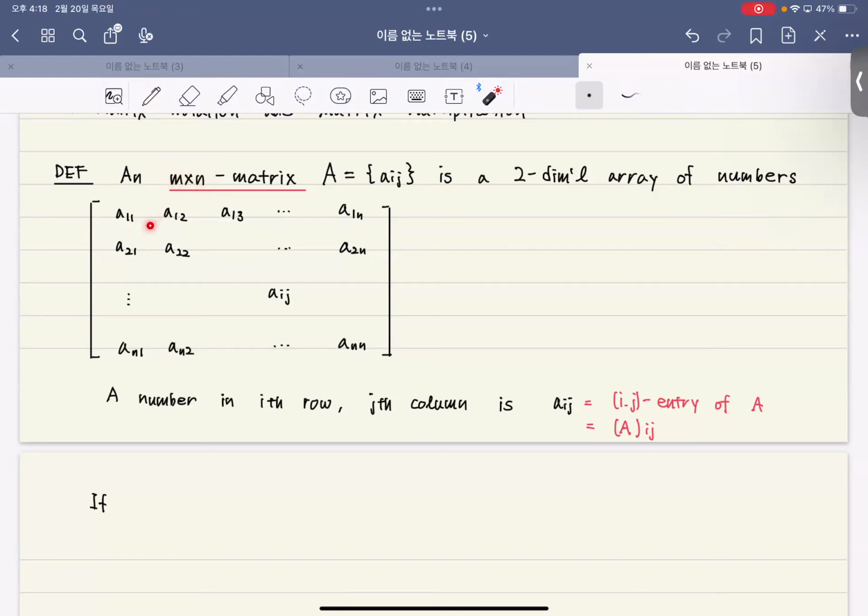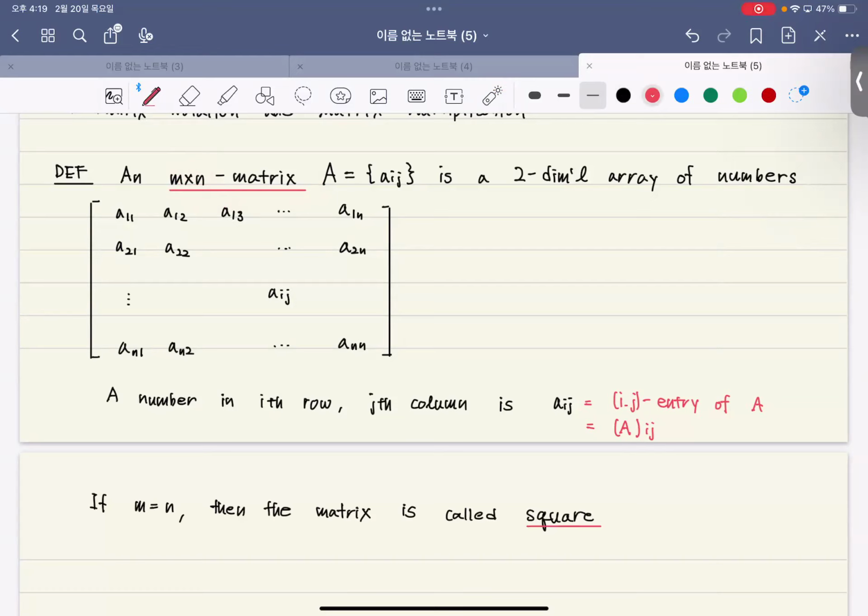The first number means how many rows you have, so it's the number of rows of the matrix A. And the second number is the number of columns in the matrix A. And if m equals n, then the matrix is called square, the square matrix.